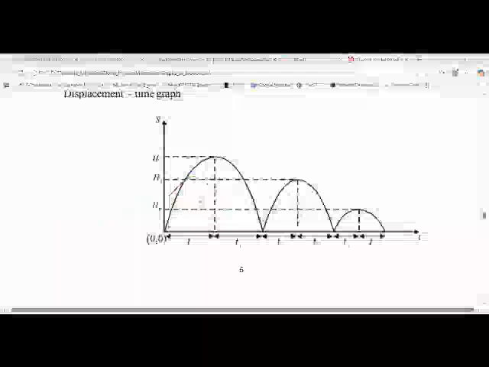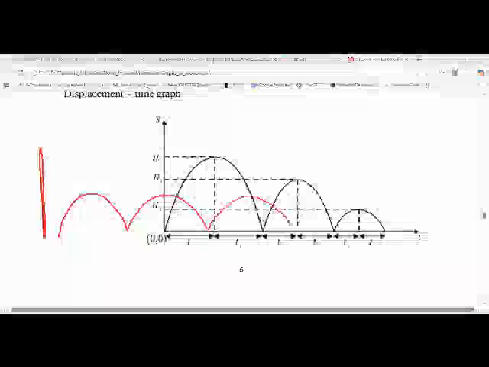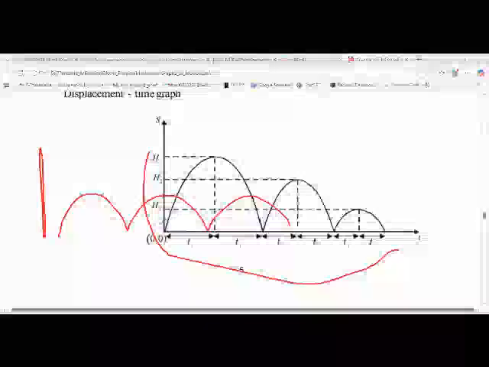If you can't decide whether it is vertical motion or motion with a horizontal component, you can't check it using this graph. If it is this motion, the graph is like this; if it is this vertical motion, the graph is the same.